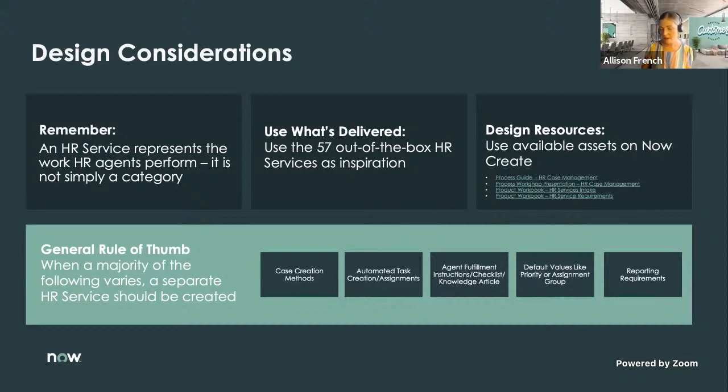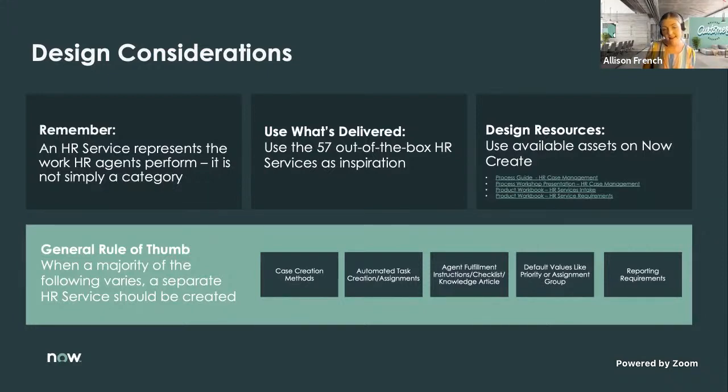I'll read through these items and add a little bit of context. First on the list, let's say the case creation methods vary. One of your HR services may be enabled as a self-service item, where there is a record producer that an employee would fill out to open that, versus another one that wouldn't be self-service to employees and is something that your HR agents would open via phone conversation.